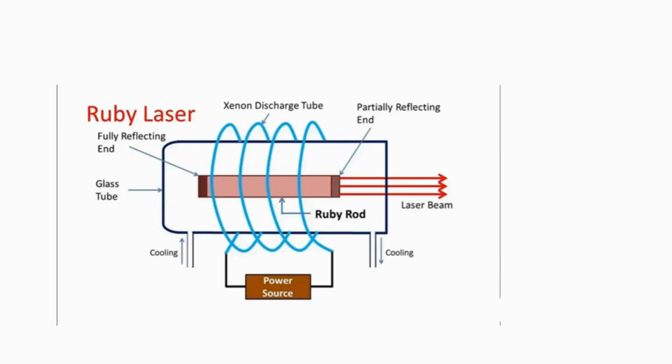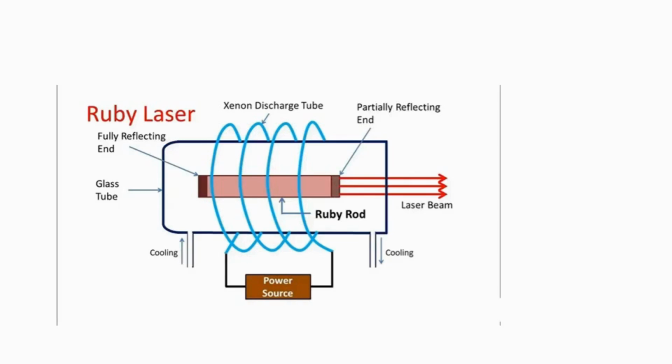In a ruby laser, a cylindrical ruby rod made up of aluminum oxide is doped with 0.05% of chromium oxide. These chromium ions give the crystal a pink or red color.